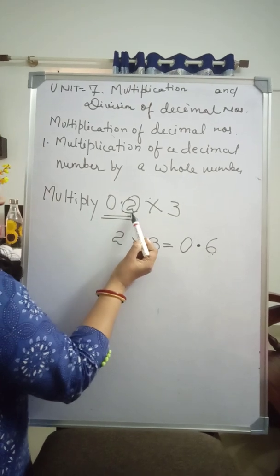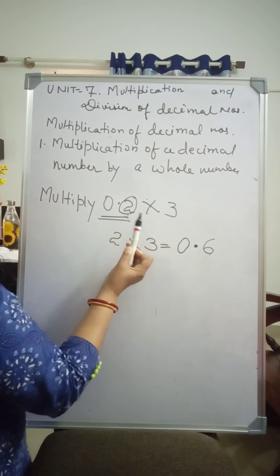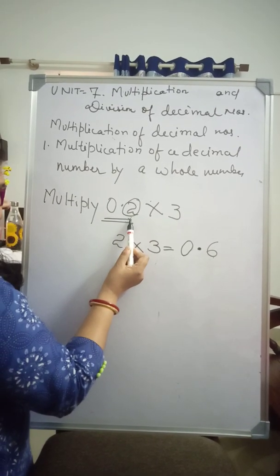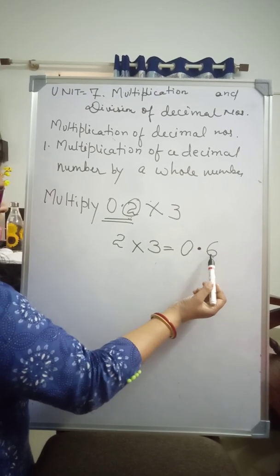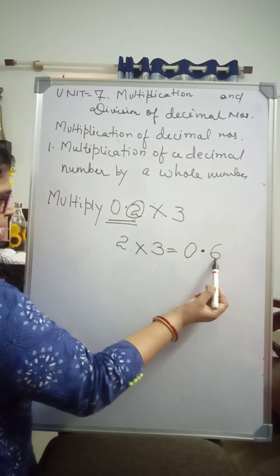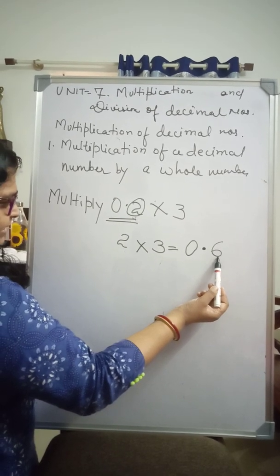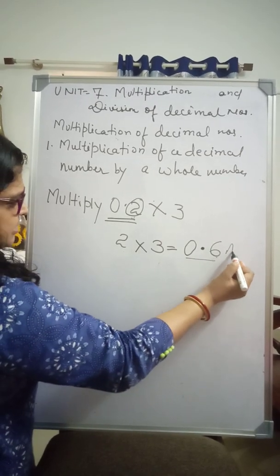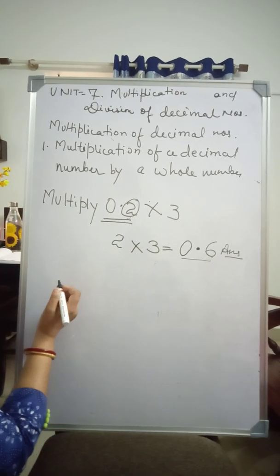Since in the multiplicand the number of decimal places is only 1, in the product also the number of decimal places will be only 1. Just count the number of decimal places. 1. So after one place we will put the decimal. So this is the answer. Right?